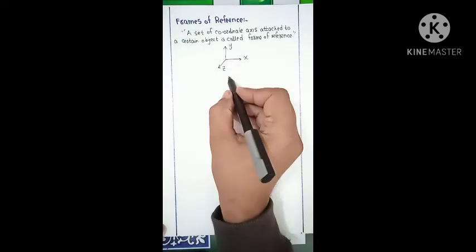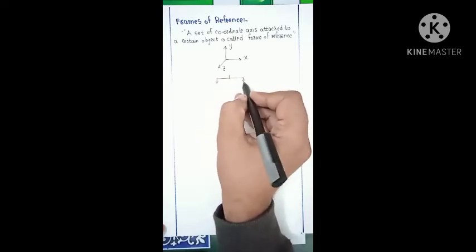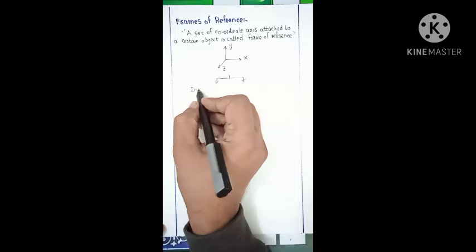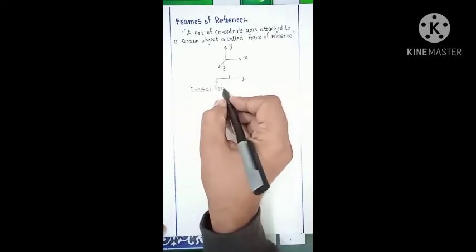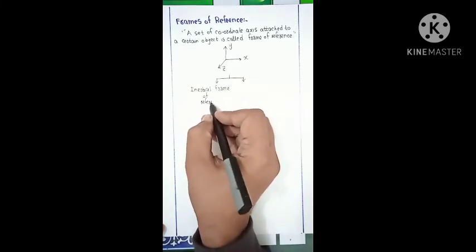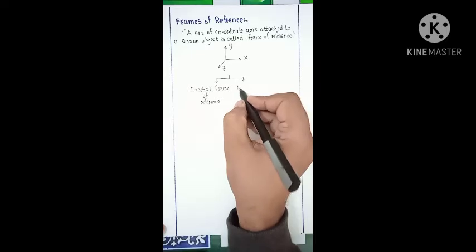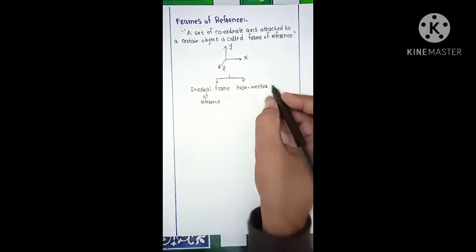There are two types of frames of reference: inertial frame of reference and non-inertial frame of reference.